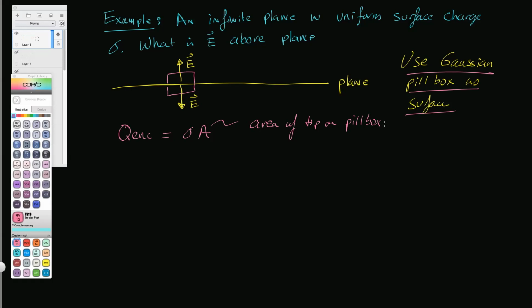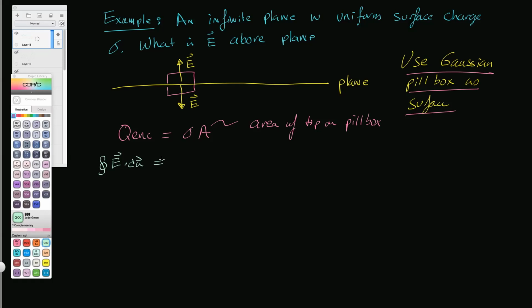Okay. All right. And so now we just need to get that integral E dot dA. So let's think about it. We have the top of the pillbox and then the bottom of the pillbox, and we have the sides of the pillbox.